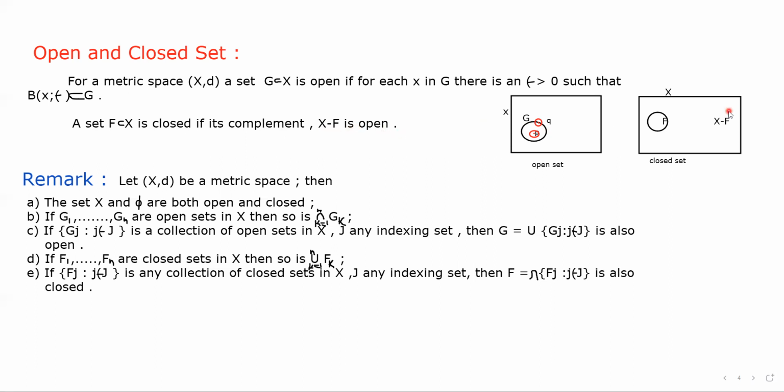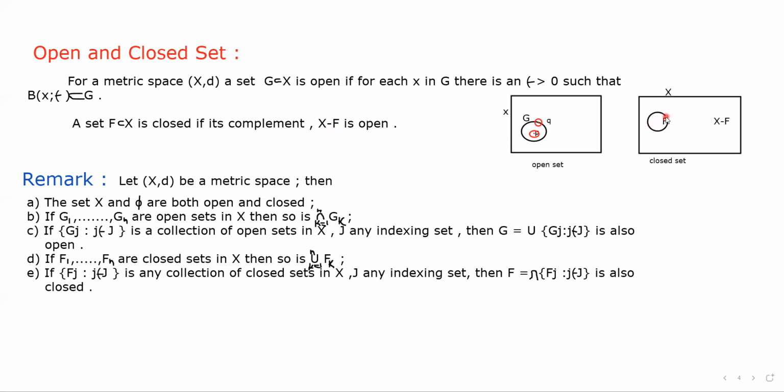Here, if X minus F is open, then we know that if a set is open, then it cannot include its boundary points. So it doesn't involve the boundary points of this F set.